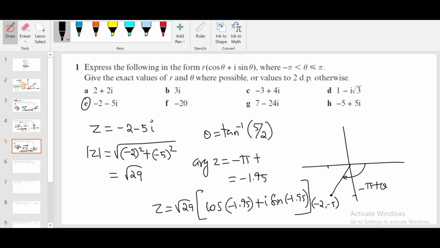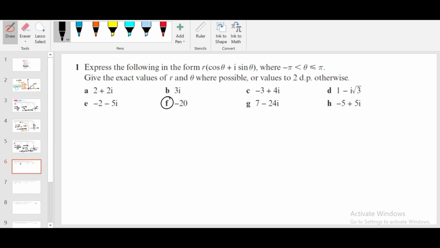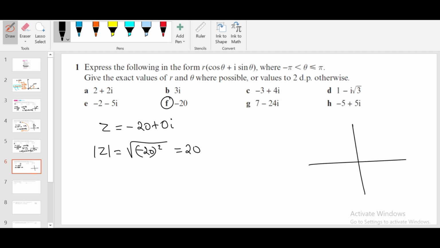That's all. Okay, let's take one more, probably f. In f, z is minus 20 plus 0i. There is no imaginary part. So the modulus of z is the square root of minus 20 whole squared. It's just 20. If you plot the point, it will be here, minus 20 comma 0.